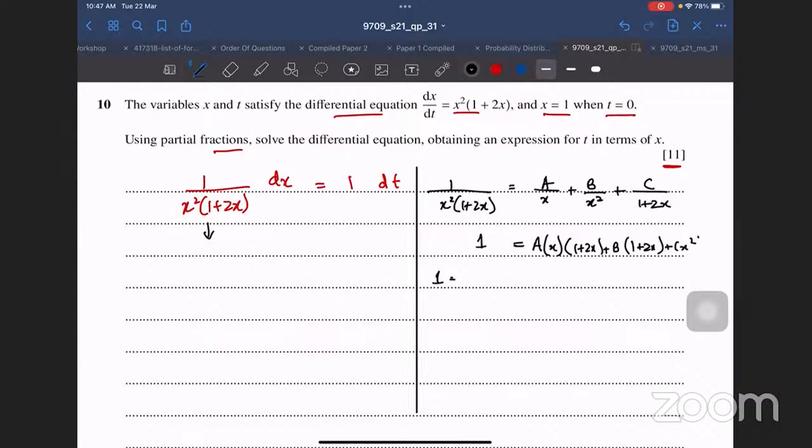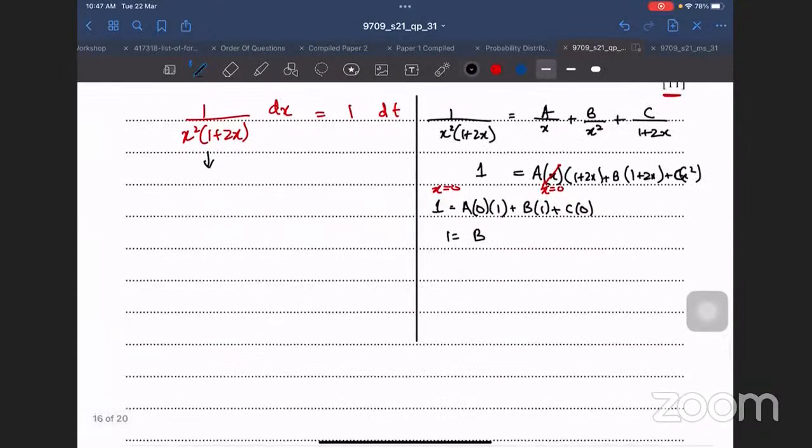Then I use cover up. First I'm going to take the value x equals 0, because this equals 0. So this becomes A into 0 into 1 plus B into 1 plus C into 0. So it gives me B equals 1.